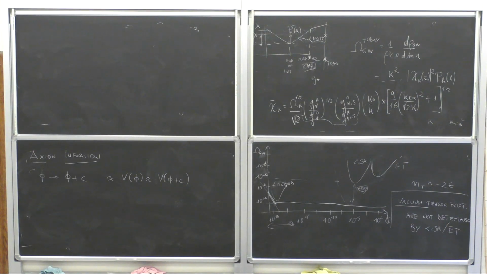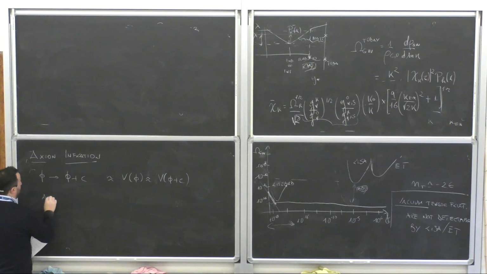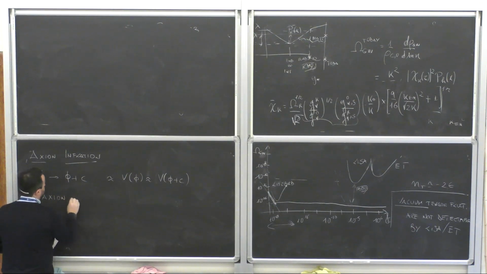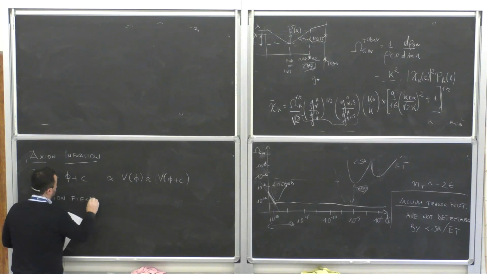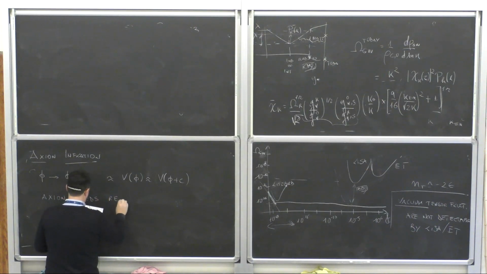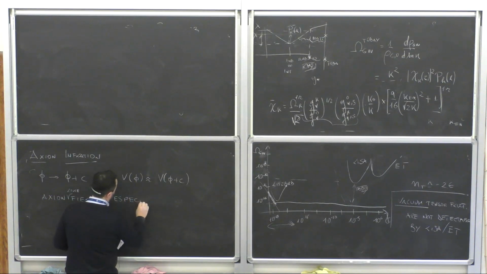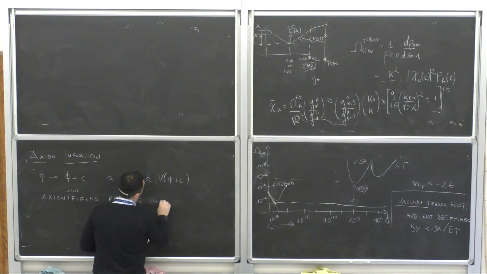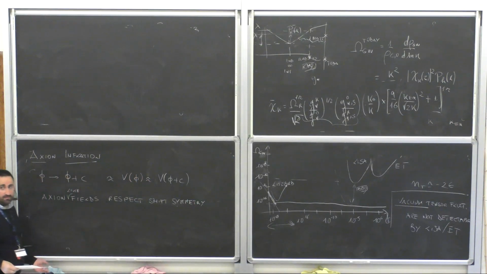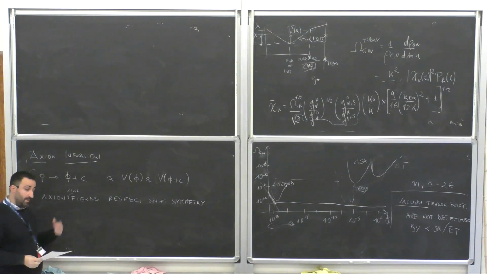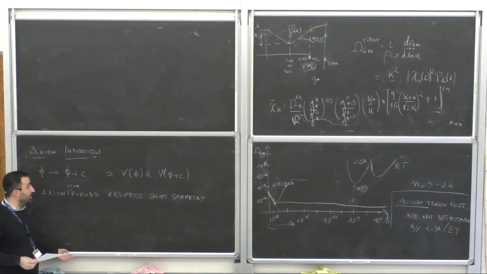This is the typical symmetry that is respected by axion-like fields. I don't enter into the details, but these are affected by radiative corrections, for example in string-inspired axion models.